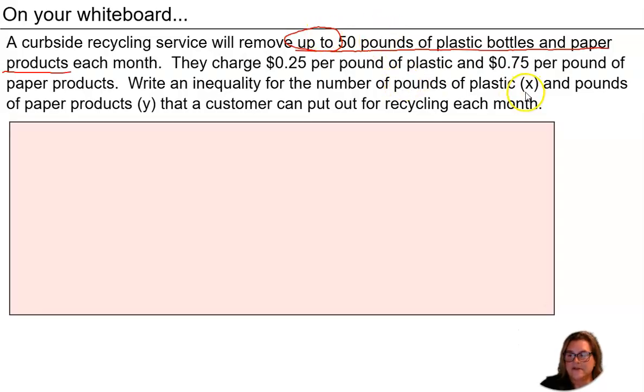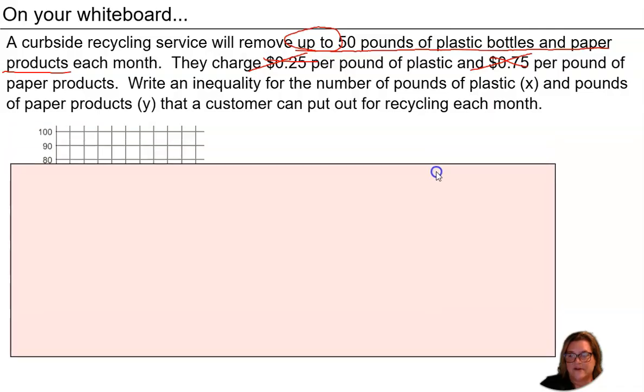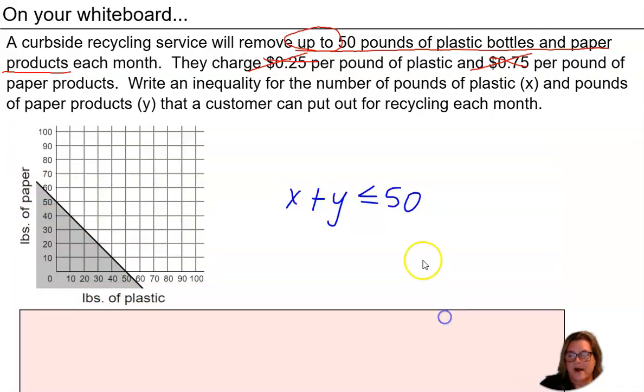The number of pounds of plastic is X and paper is Y. So we really don't need to know anything about these prices, only that the X plus the Y has to add up to no more than 50 pounds. So X plus Y is less than or equal to 50 pounds.